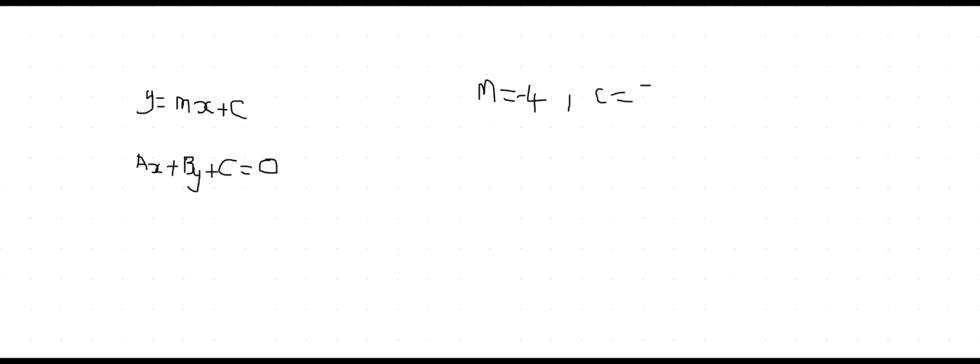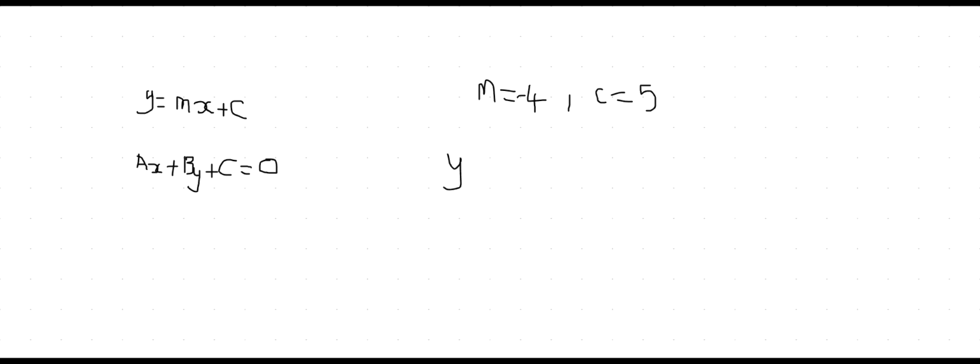Then we're asked, having been given these two values, to come up with the standard equation of the line, and then we graph that equation on the x and y plane. So how do we come up with the equation? If we're given M and we're given C, we use the standard equation guideline, and then we just replace the values.